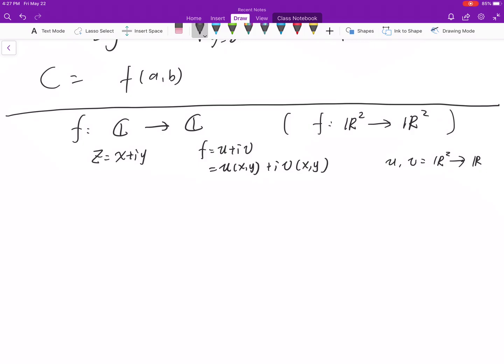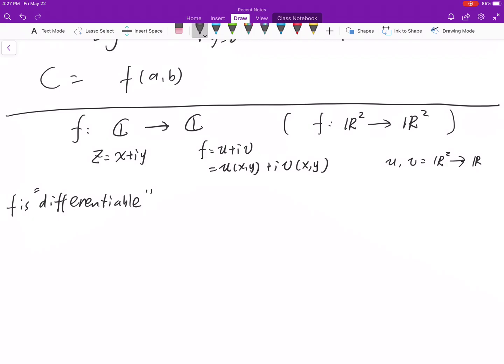Okay, and so f is differentiable. Here I need to use a comma because later on we will introduce a stronger differentiability.